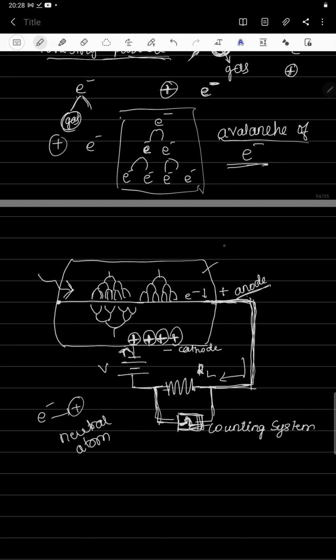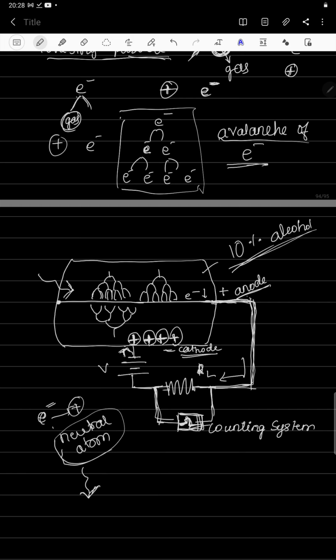Then again my question is, why is 10% of alcohol used in the cylindrical chamber? During the combination of the electron and the positive ion at the cathode, neutral atom formation takes place. Along with the neutral atom, there will be emission of a photon.